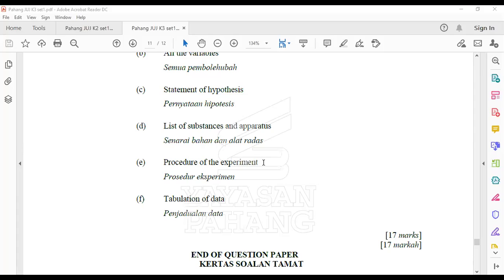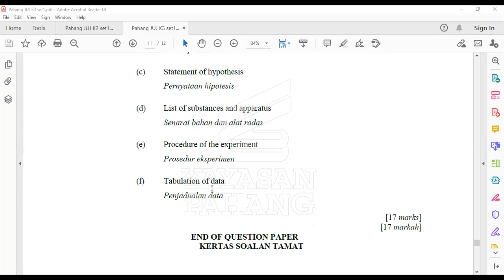Next, record the highest temperature reached. The last step, you are going to repeat the steps, check how many steps you have, by using ethanoic acid to replace the hydrochloric acid. Okay, I hope you are okay with the procedure.